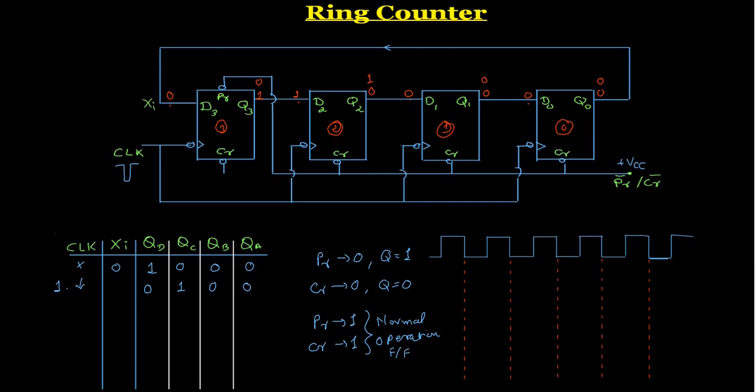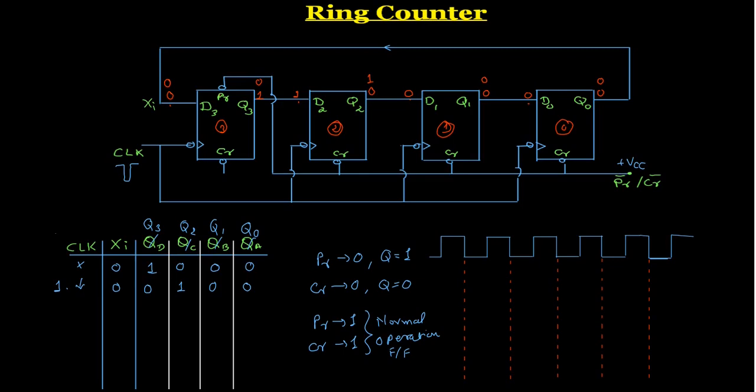Remember that in the truth table I have made QD, QC, QB, QA, but you should understand that this is Q3, this is Q2, this is Q1 and this one is Q0. Now, whatever 0 appears at the output of the final flip-flop is now at the input of this, so here we will write that the input is 0.